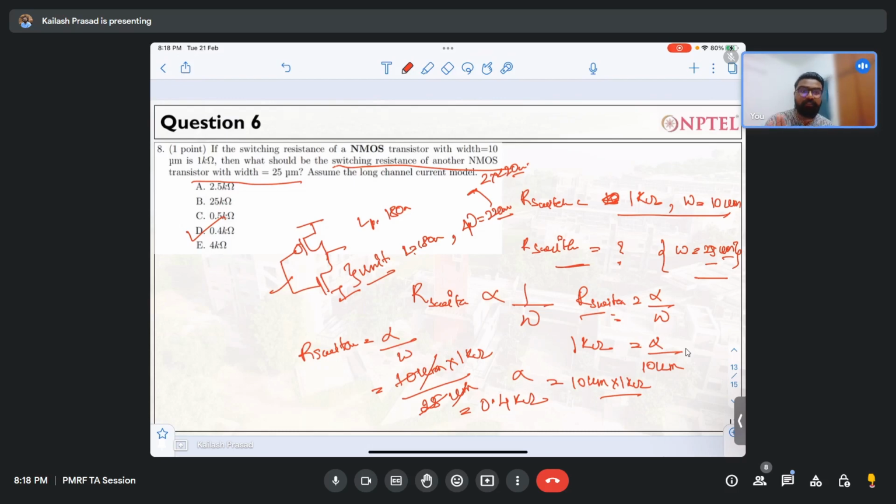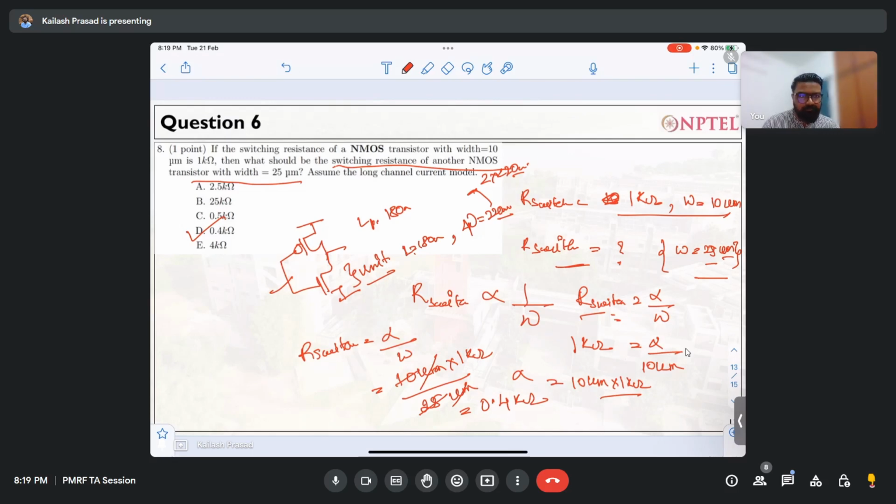So whenever you design a unit inverter, NMOS should be unit, and the PMOS should be accordingly scaled up such that the beta ratio is 1. The width of the PMOS should be chosen like that. NMOS is unit, but the PMOS will differ. It depends. It may be unit, may not be unit.